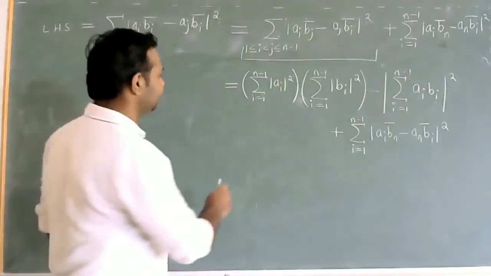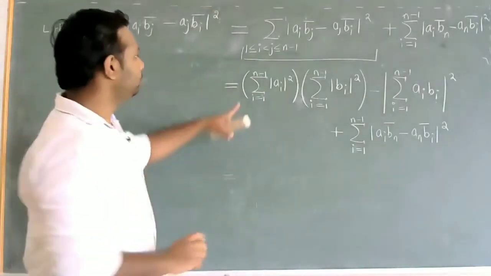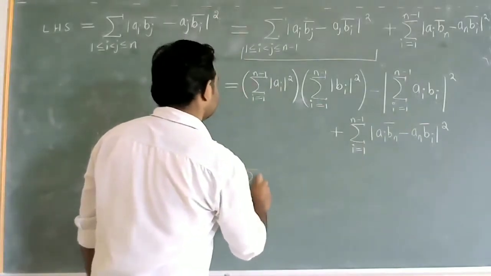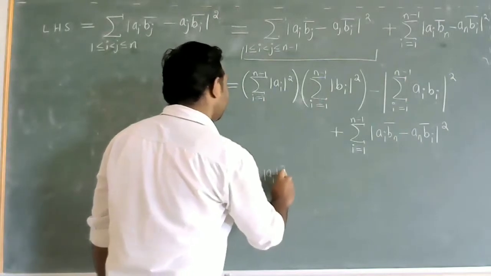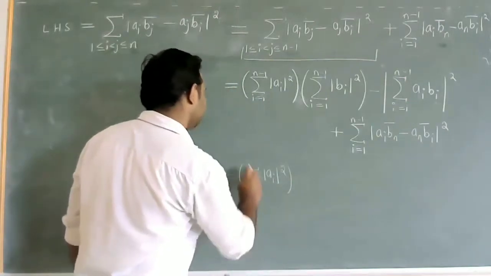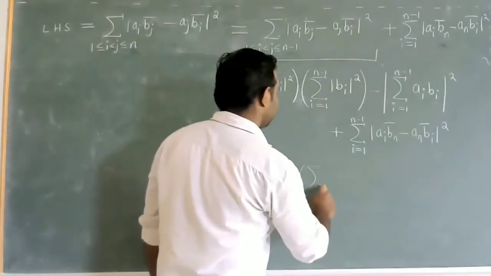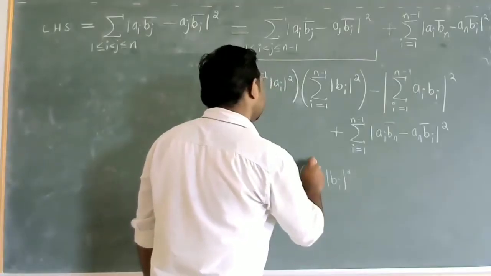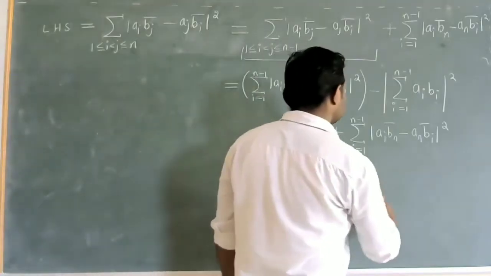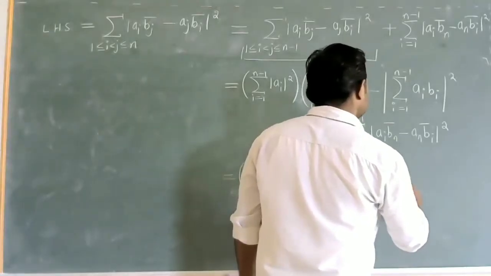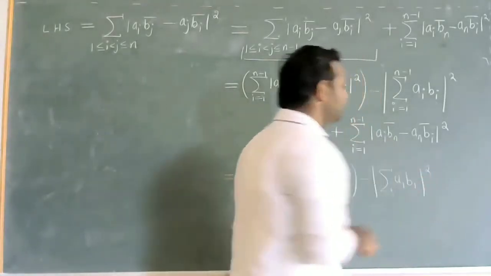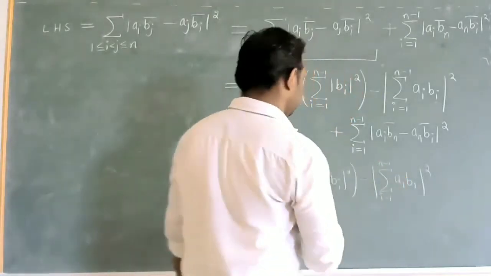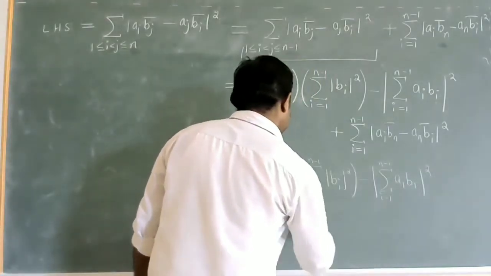Now this is equal to, so I'll write these terms as it is: summation modulus of ai whole square, i running from 1 to n minus 1, into summation modulus bi whole square, i running from 1 to n minus 1, minus modulus of summation ai bi whole square, i running from 1 to n minus 1, plus summation.